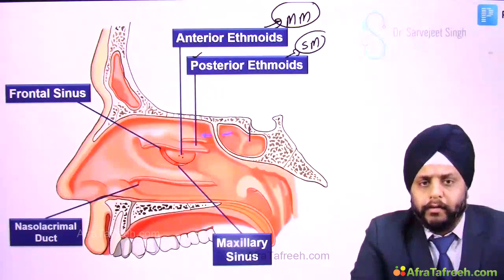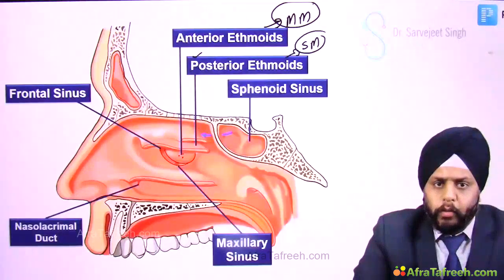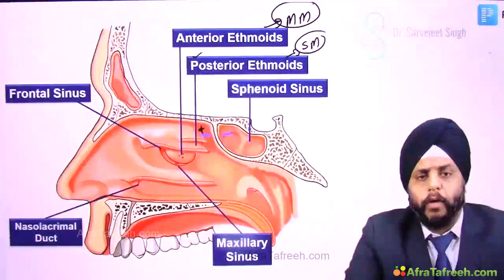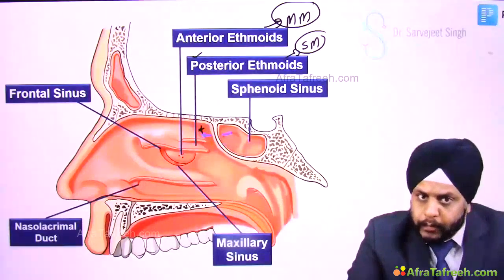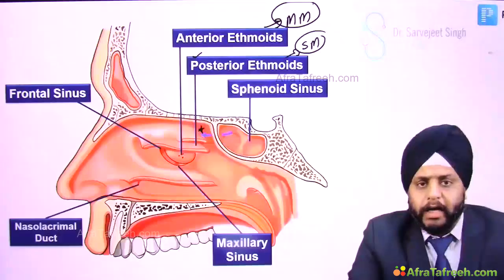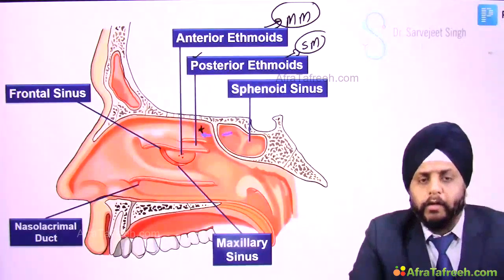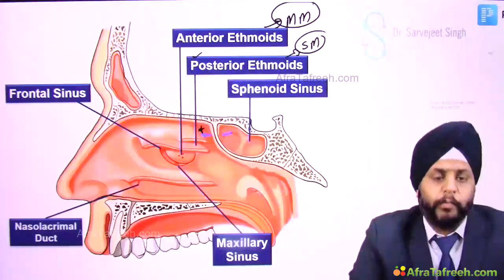Okay, now which sinus is left for us? The sphenoid sinus. And you can see the arrow, the sphenoid sinus is opening over here in this area. What is this area? This is known as sphenoethmoidal recess above the superior turbinate. Sometimes in this space we may also have a supreme turbinate. So this space will be known as supreme meatus.